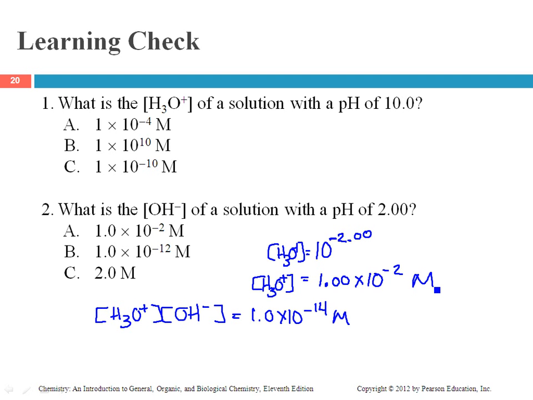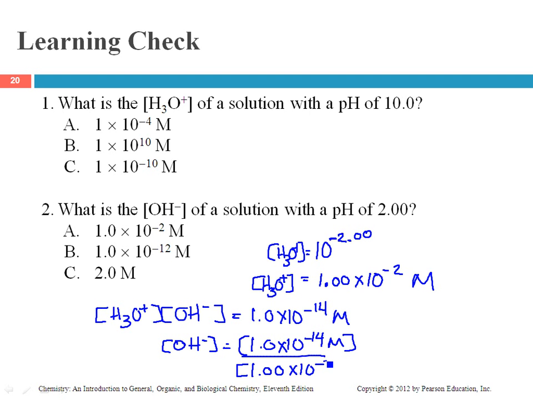We have hydronium, so we can solve for hydroxide by isolating it on one side. We have this handy dandy number that you all hopefully have memorized or are going to. So we divide 1.0 times 10 to the negative 14 by 1.00 times 10 to the negative 2.